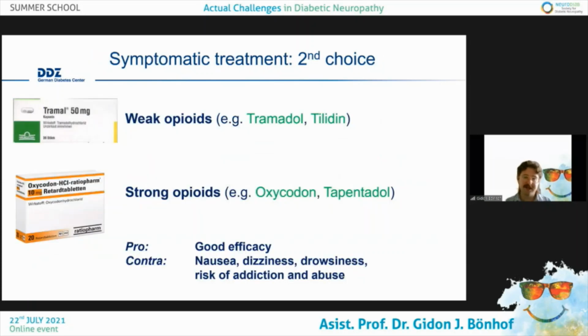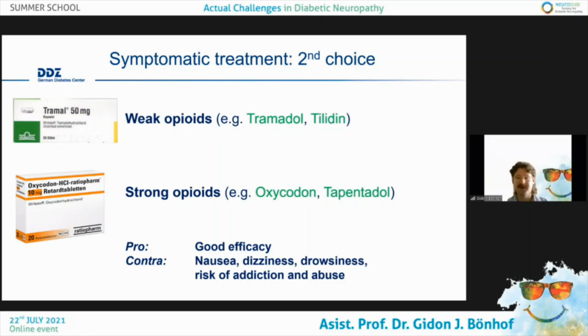The second line therapy for painful diabetic neuropathy includes opioids, and you can start with weak opioids and strong opioids. You can also try combination therapy. You can try to combine pregabalin and duloxetine, for example, and you can also try to combine duloxetine with opioids, for example.